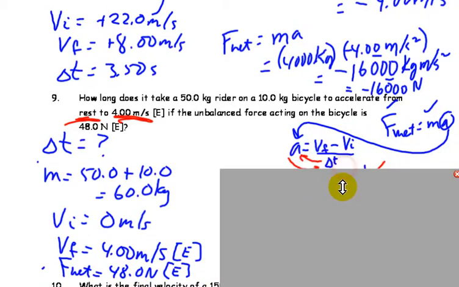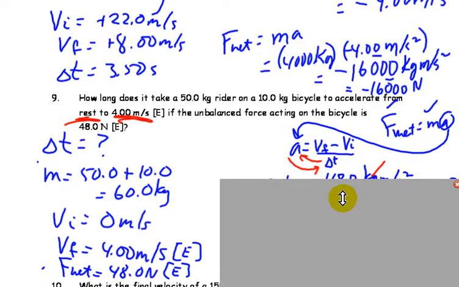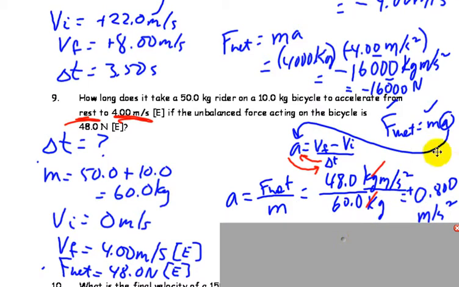So the rationale here is we know net force, we know mass, we can get acceleration. Then using that equation that we used previously, interchange A and T, and we'll be able to solve for T. So first of all, solving for A, F net divided by M, represent 48 newtons as 48 kilogram meters per second squared.